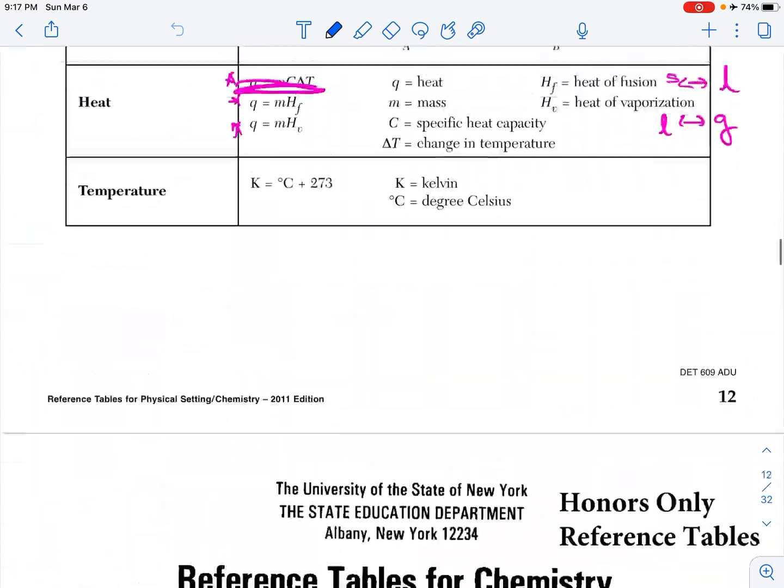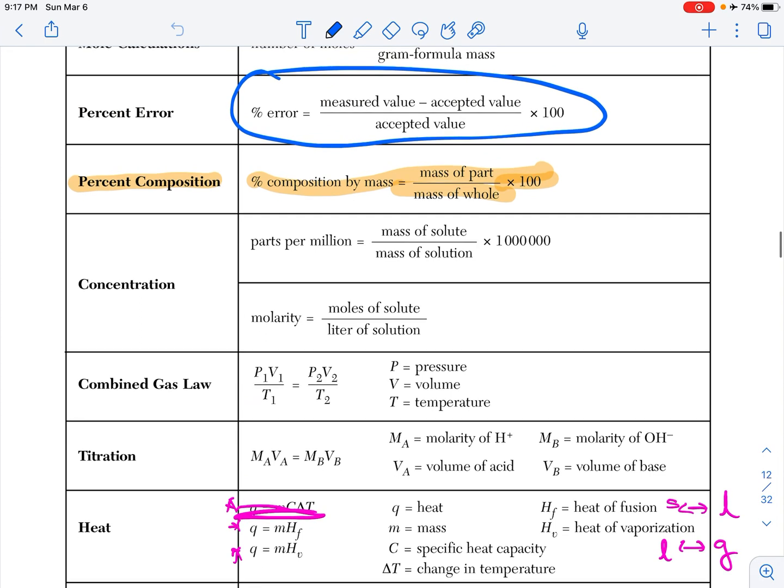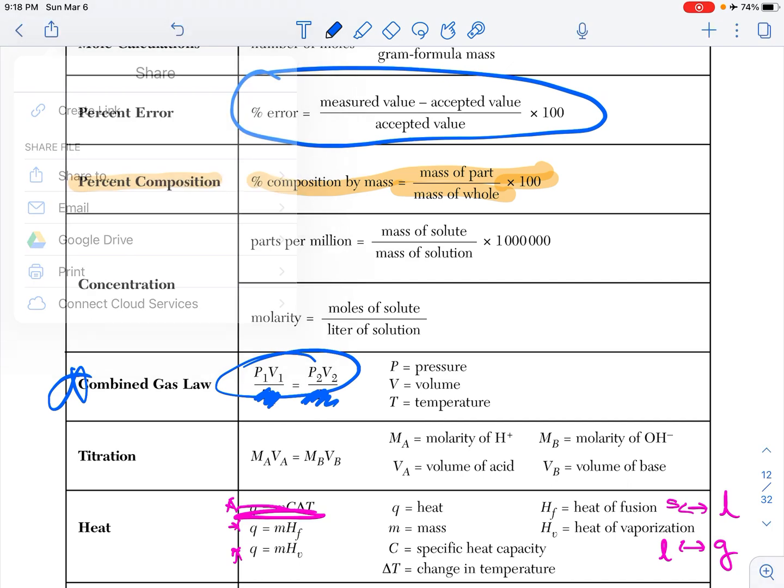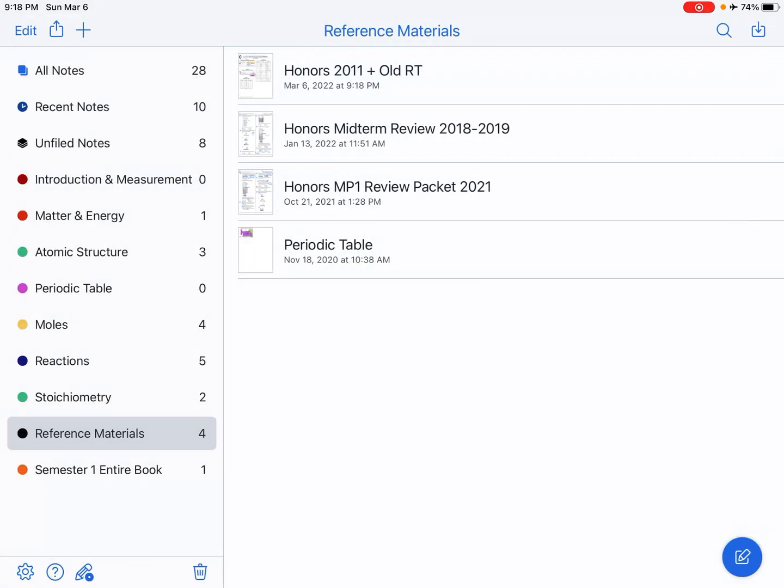So here I am, the gas laws. Combined gas law. Pressure and volume are changing, but not temperature. If temperature is constant, I get rid of it. So there's my formula. P1 times V1 equals P2 times V2. Just for kicks, that's called Boyle's law. But you didn't need to know that. Whatever is constant, you can just eliminate from the question.